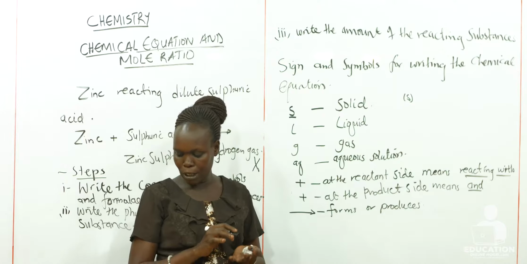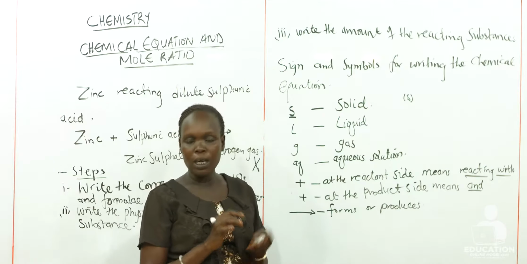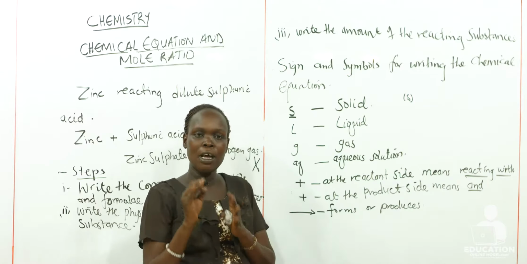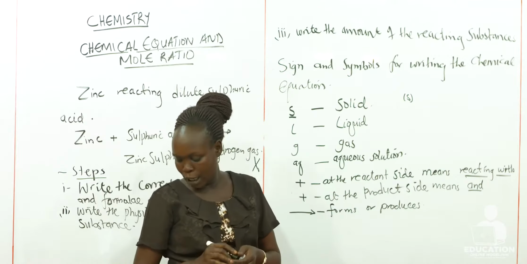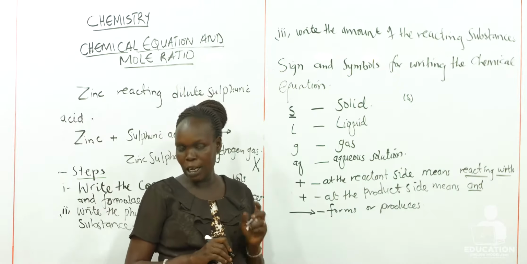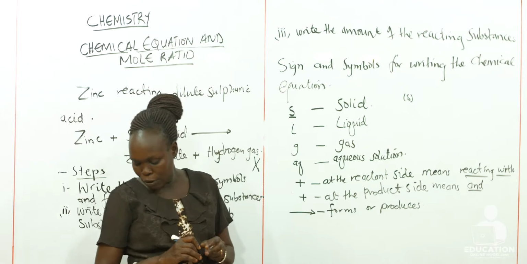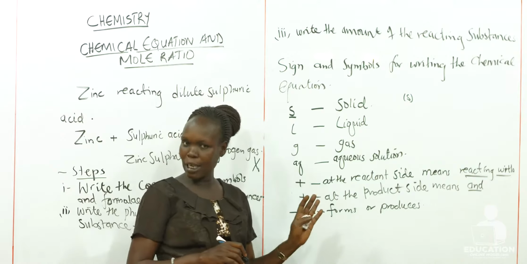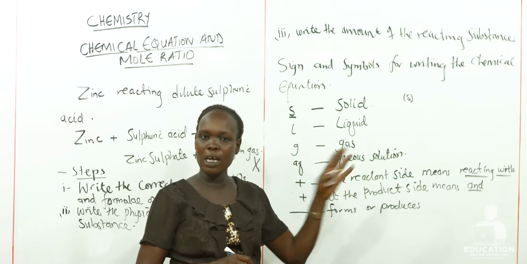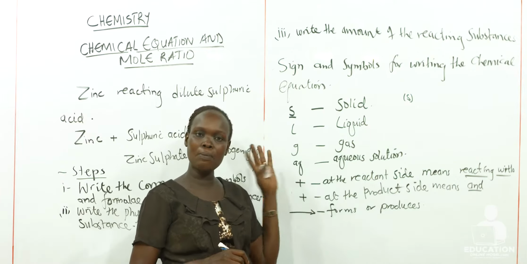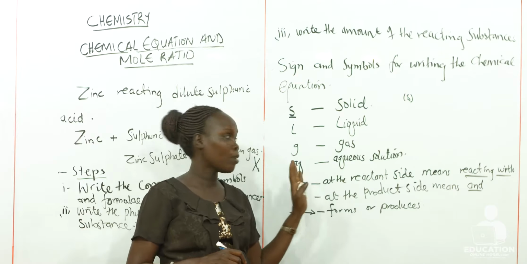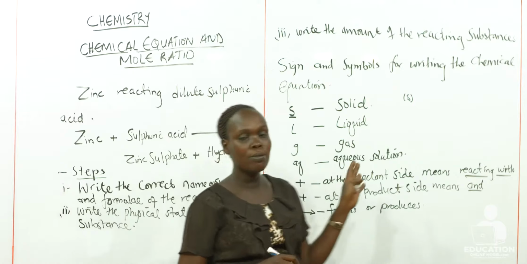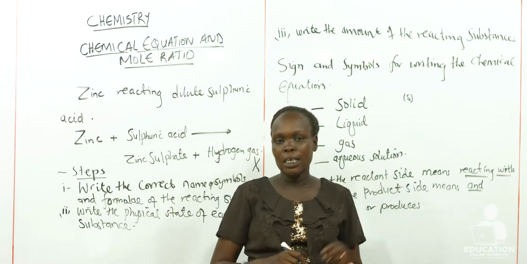Whenever an atom is written, we assume it to be the same atoms reacting to give the same atoms of the product. Learners, it is important to notice that there must be the same number of atoms on the reactant side and on the product side, and the same mass of atoms on the left hand side as on the right hand side.